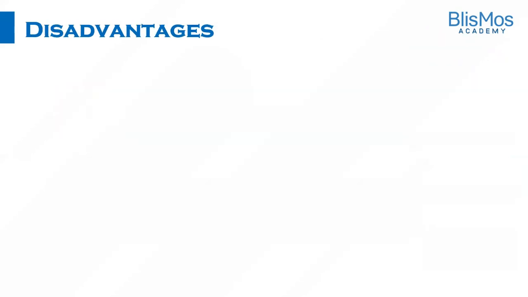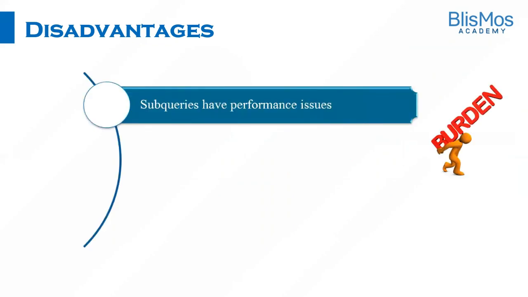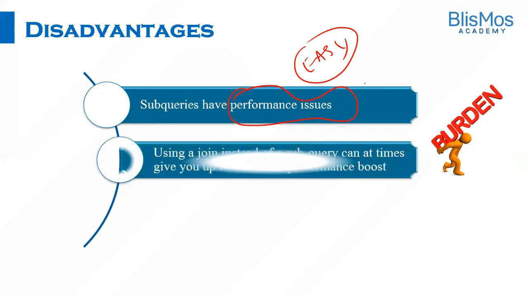Everything has disadvantages, so subqueries also have some disadvantages. What are they? While subqueries are easy to write and easy to understand, they do have performance issues. I mean, you can accomplish the things, but the performance of subqueries is definitely not as good as joins.